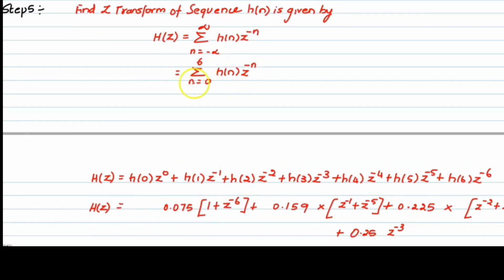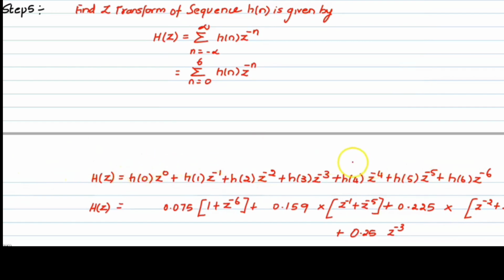Now instead of h of 0, you substitute that value. So it is 0.075, right? Next, for h of 1, you will get 0.159.